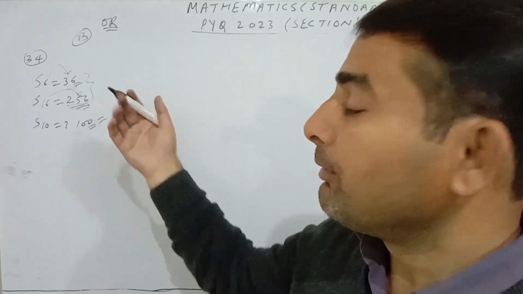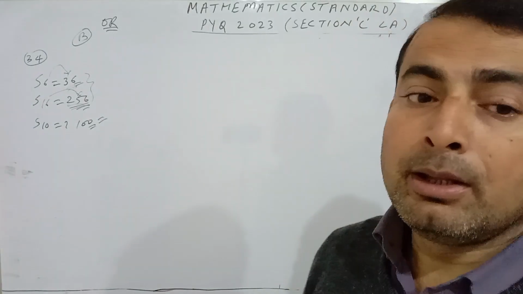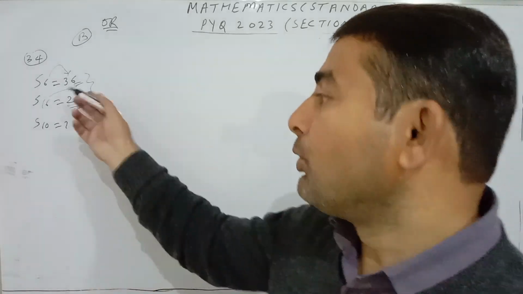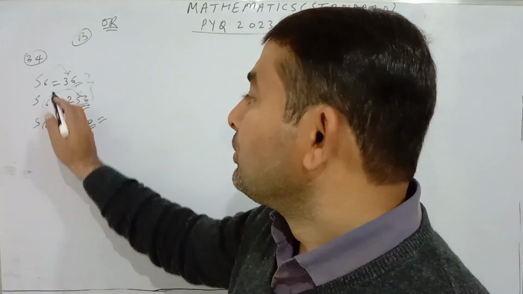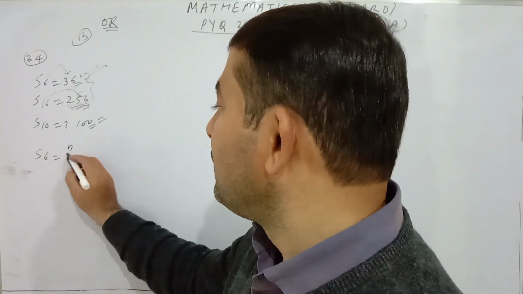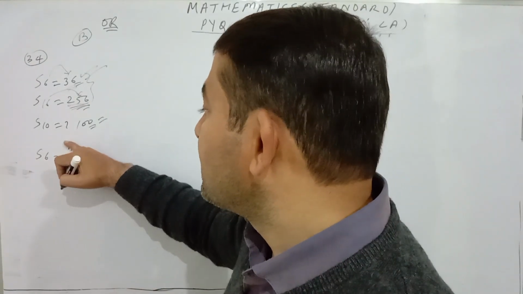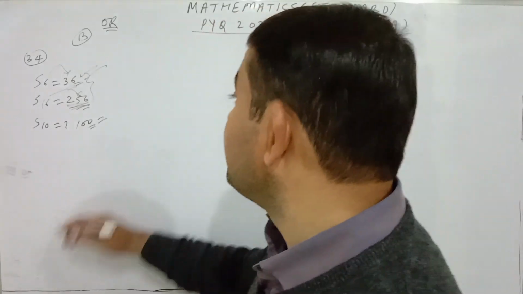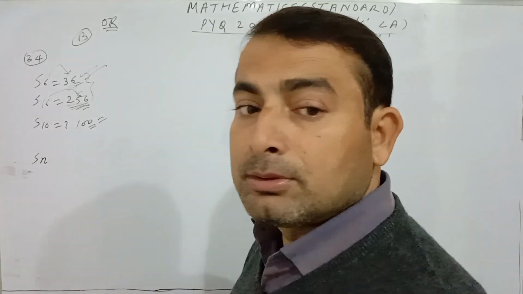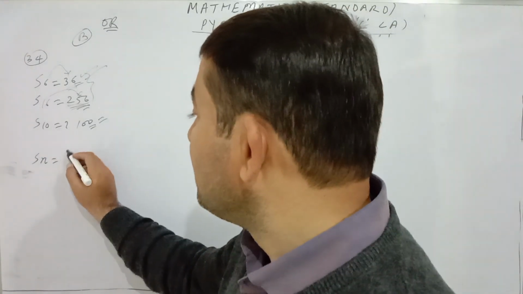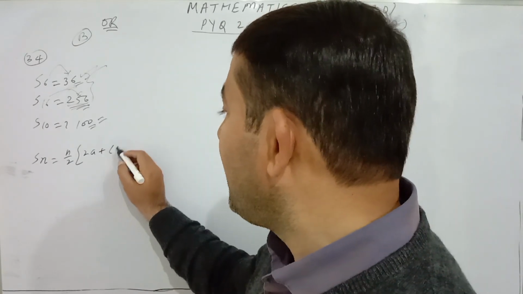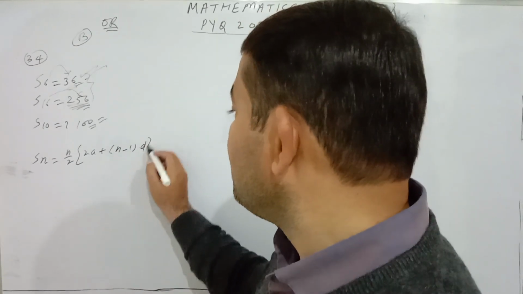So we will do it in the same way that we did in the previous video and the previous question. First of all, we will write the formula. The sum of n terms of an AP is given by n by 2 into 2a plus n minus 1 into d.